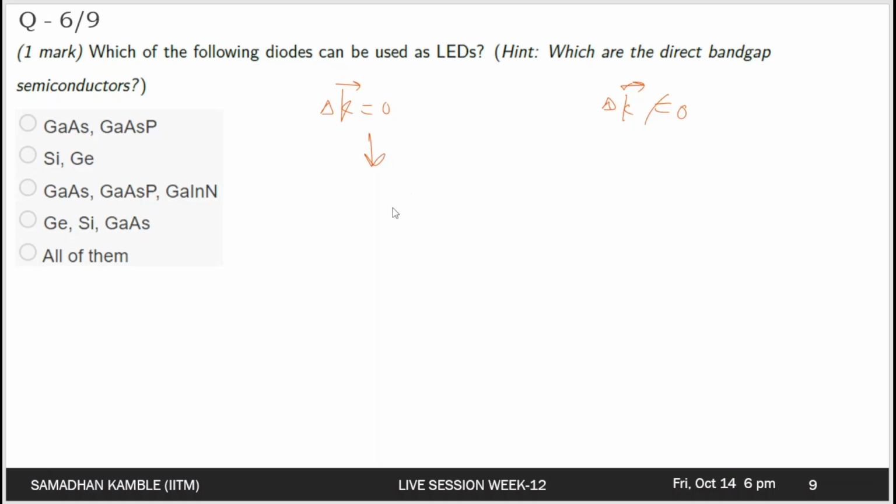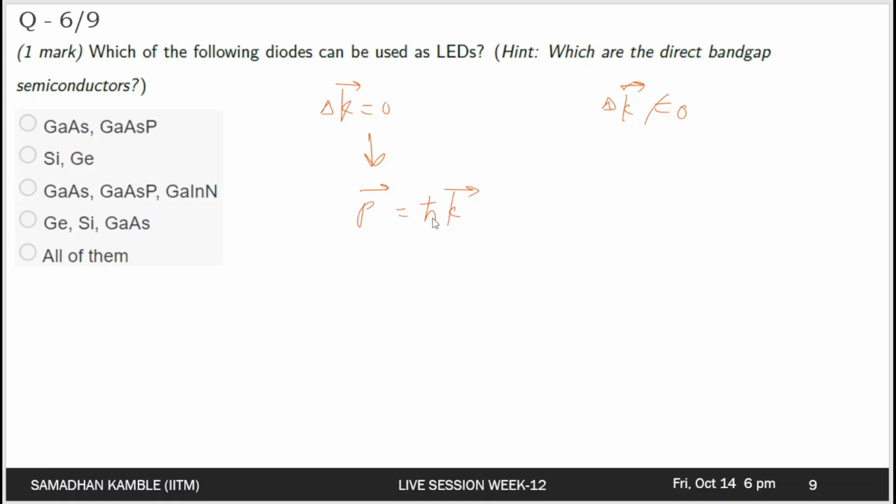By the formula, p is nothing but h cross k. So the momentum of the holes and electrons is the same at a direct band gap, and no momentum has to be transferred at the recombination. So you get energy in the form of a photon at the recombination.